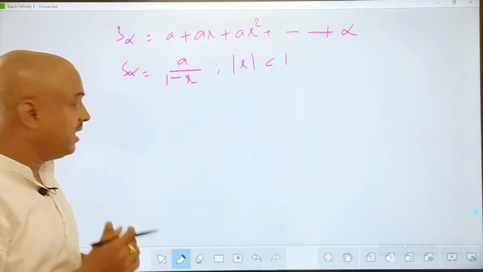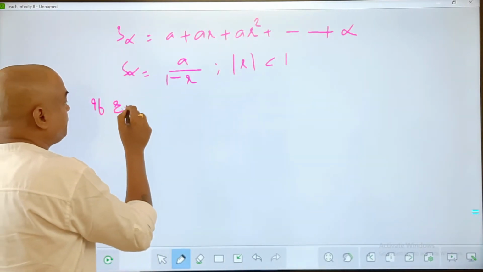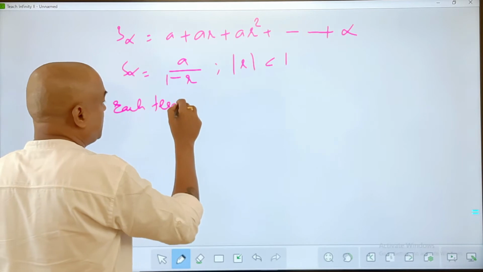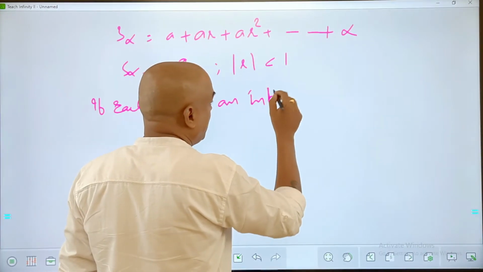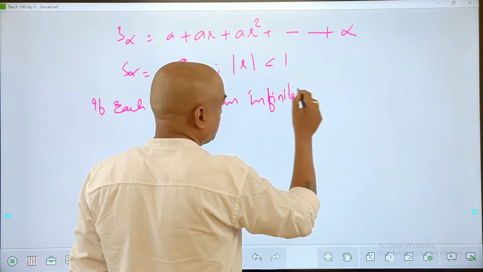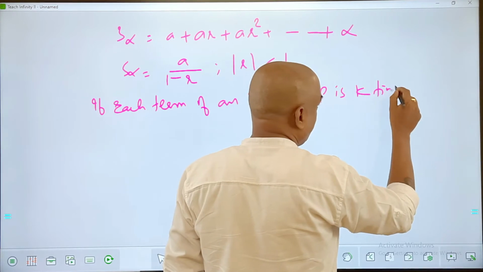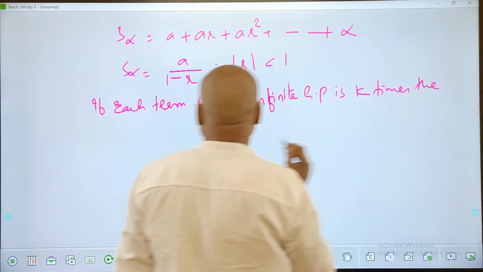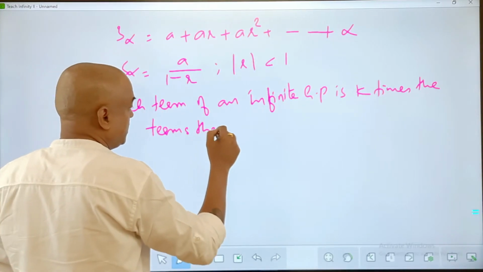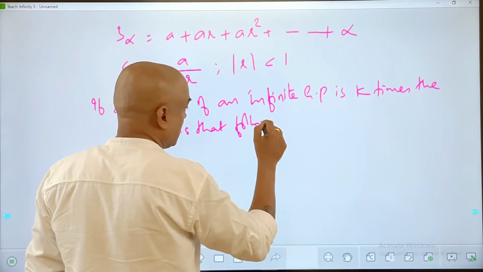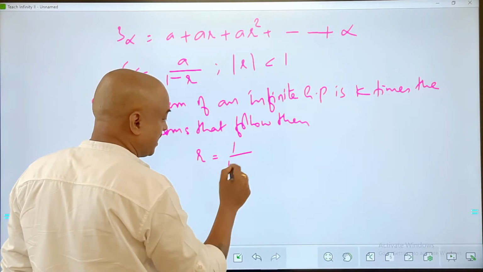Okay, all of you? And here we have a special point. If each term of an infinite geometric progression is k times the terms that follow, then R value is equal to 1 by (k plus 1).